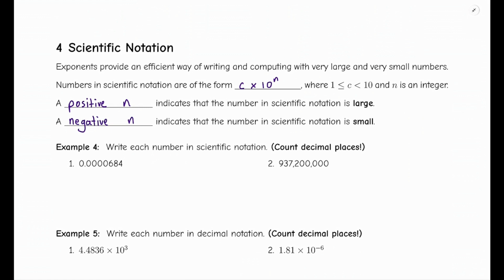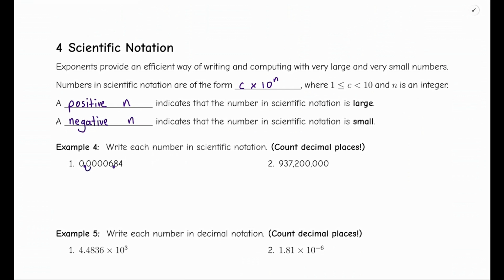Example 4. Write each number in scientific notation. Count decimal places. So again, in scientific notation, I want one non-zero number to the left of the decimal point. Since my decimal point is here right now, I want it to be right here, right after the 6. I just count my decimal places.